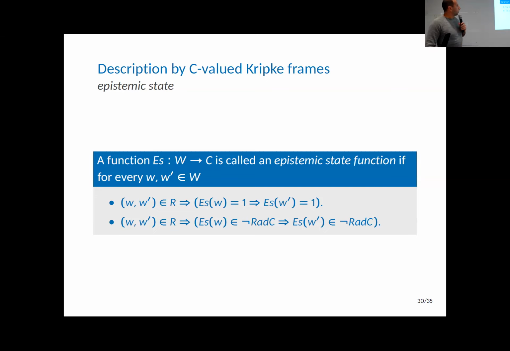So if something is evaluated to 1, in some state, then all the successors should be evaluated to 1 as well. And the same holds true if it has an evaluation to the negation of the radical: all of its successors should be evaluated to the radical as well.